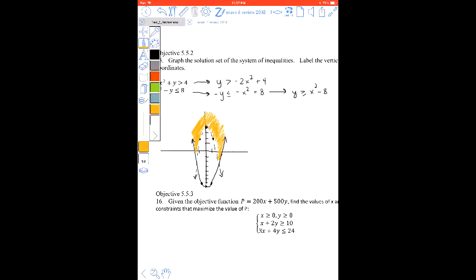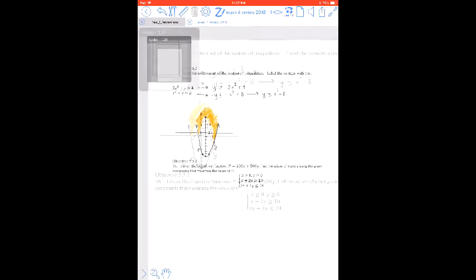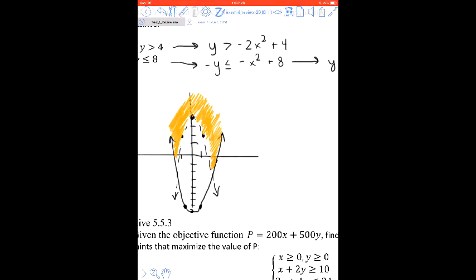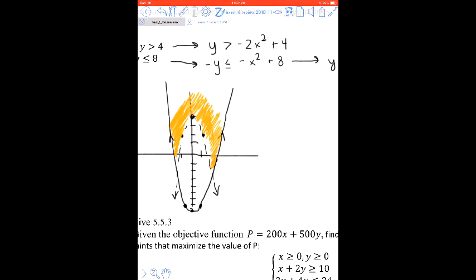And if we wanted to extend the line of this solid parabola, then we could shade a little more inside there. Okay.